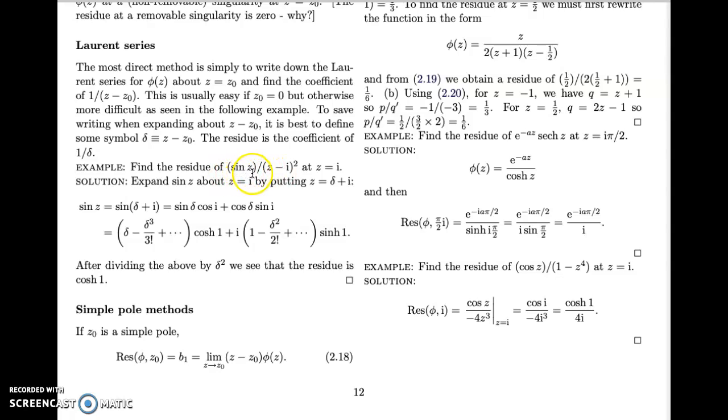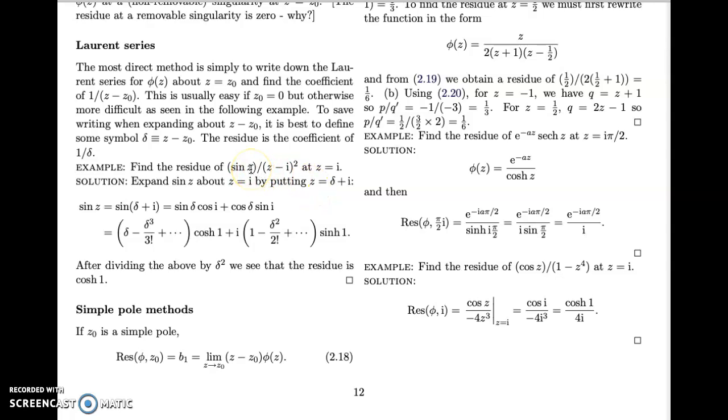But the sin z we need to write in terms of delta. We define delta as z minus z0, so delta is z minus i, or z equals delta plus i.